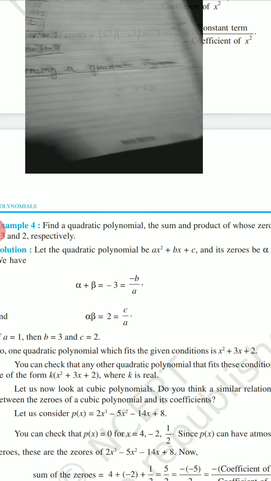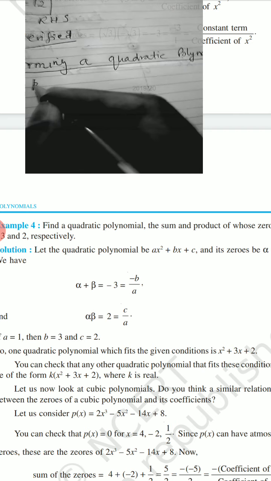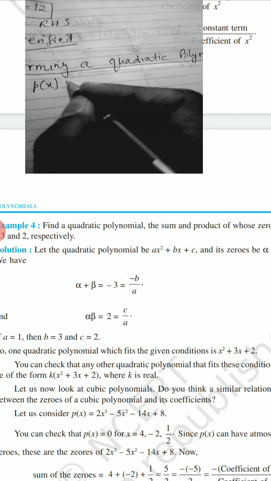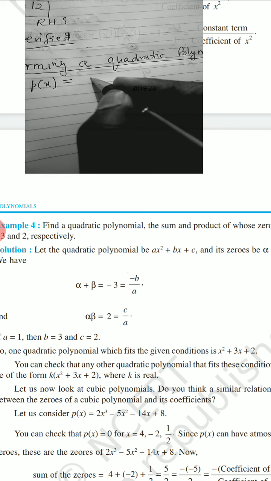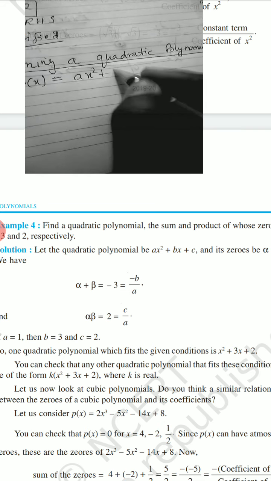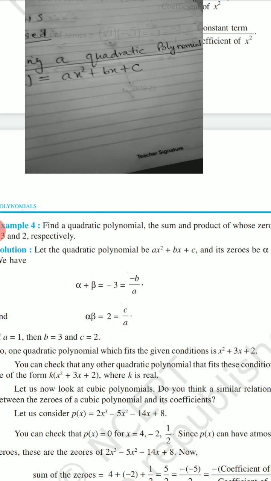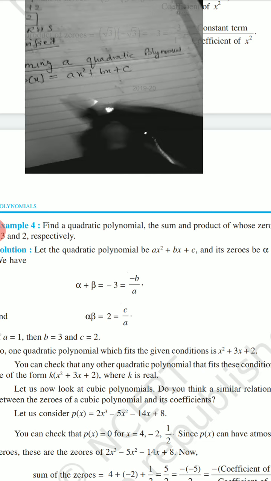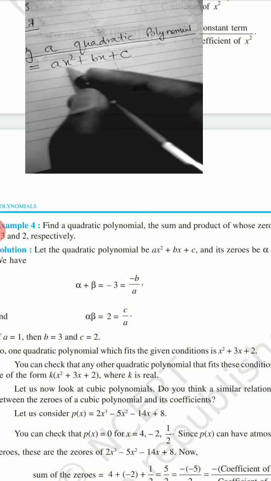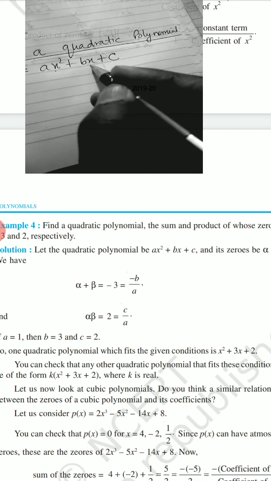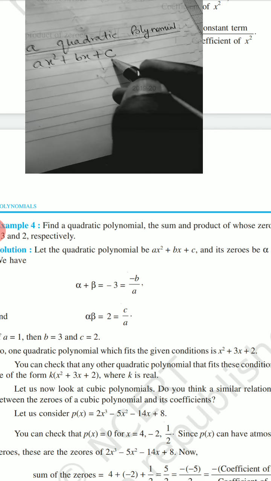Now we all know if I take a quadratic polynomial ax square plus bx plus c, here you can see a is the coefficient of x square, b is the coefficient of x, and c is the constant term.